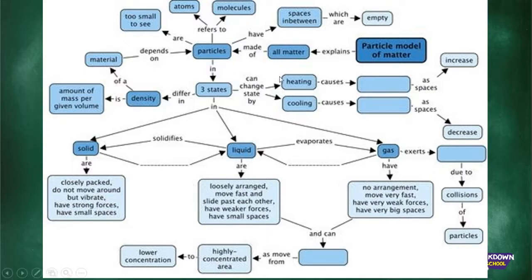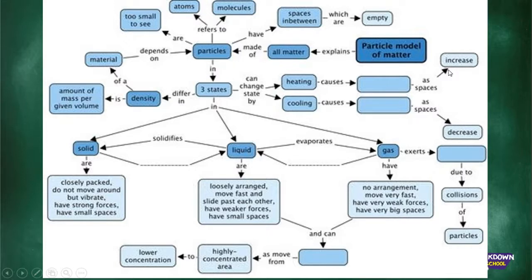We're going to say that heating causes something. What happens when you heat the particles as the spaces increase? Who knows that answer? If you heat the atoms and the molecules, what happens to the spaces to make them increase?